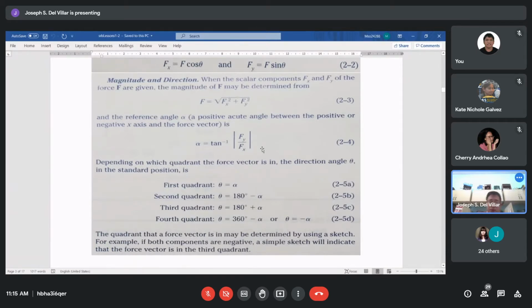And you can always result to an acute angle, based on either above or below the positive or the negative x-axis.